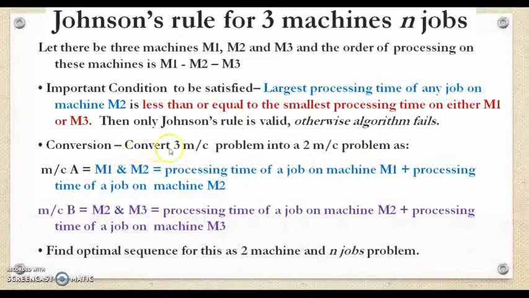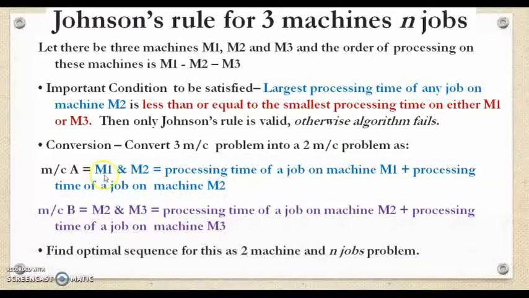Now how to convert this 3 machine problem into a 2 machine problem? Let us assume the 2 machines as machine A and machine B. The processing times on machine A for all the jobs can be calculated as the addition of processing times of the corresponding jobs on machine M1 plus processing time of the job on machine M2.